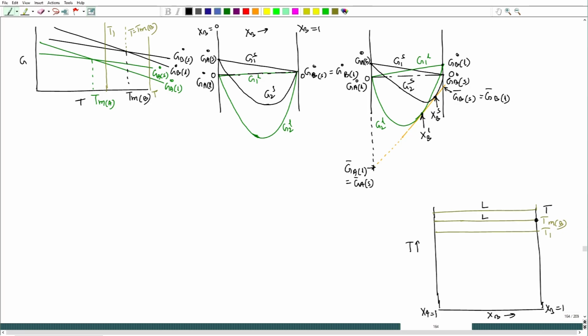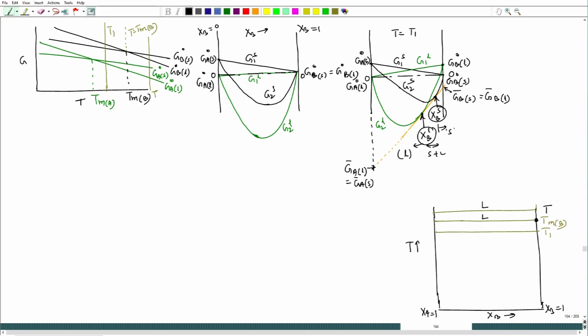These two compositions can coexist because they fall on the common tangent between liquid and solid solutions free energy, and at temperature T equal to T1 those phases will be stable. But if you take an X B composition to the right of this, solid will be stable, and left of it liquid would be stable, and in between we have solid and liquid of those two compositions, they will be stable.